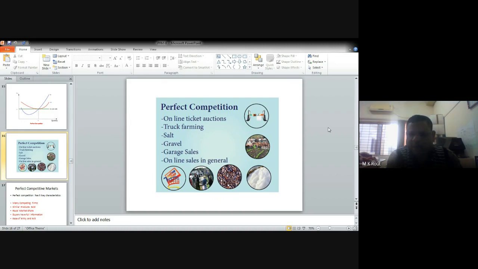Then, Tata versus ITC, where the price of 1 kilo of salt remains the same from each brand. The next is gravel. Then garage sales and online sales, especially e-commerce, where they implement perfect competition for a few products, not for all products. So these are a few examples of perfect competition in real scenarios.